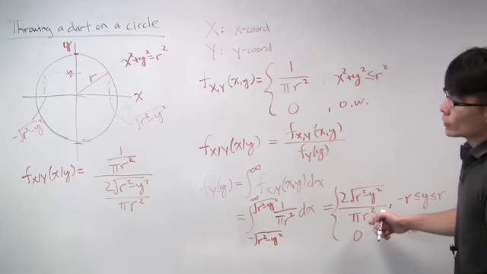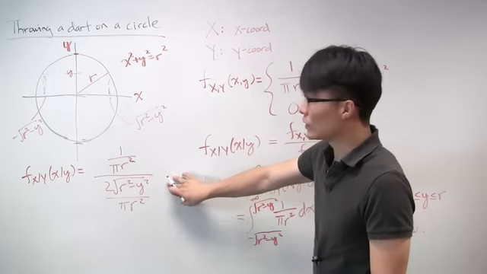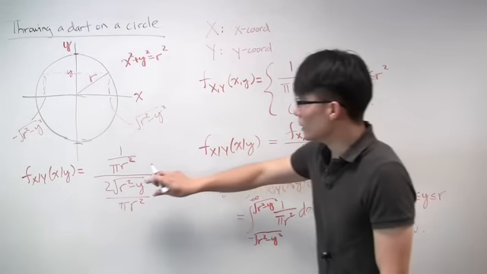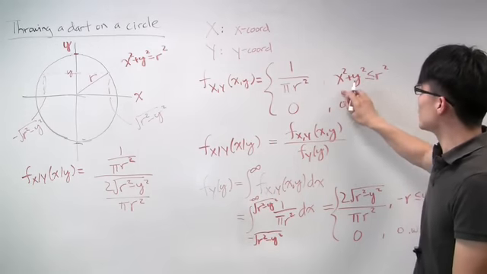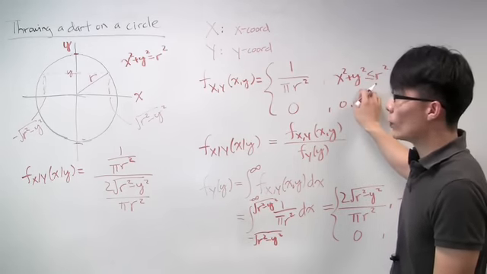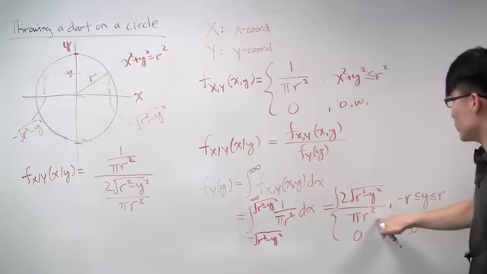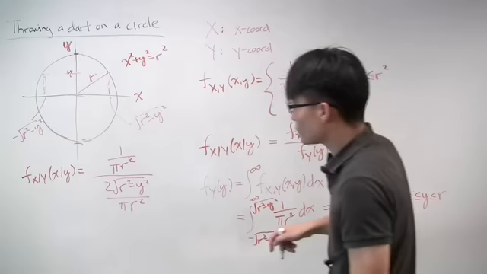But the first thing we want to do is, as always, to check what range this is valid for. The numerator is the joint distribution, and that's valid for any x and y pairs that fall within the circle. And the bottom is valid for any y that is between minus r and r.